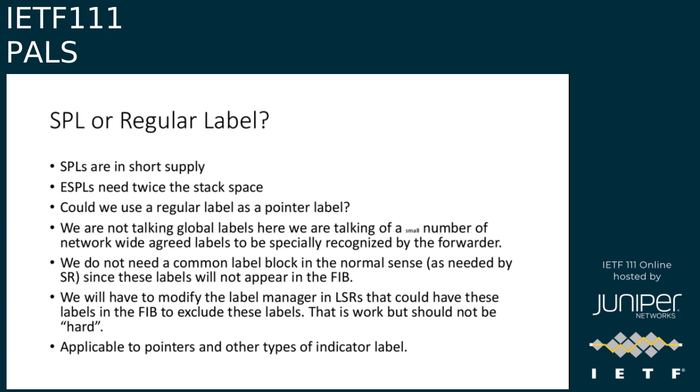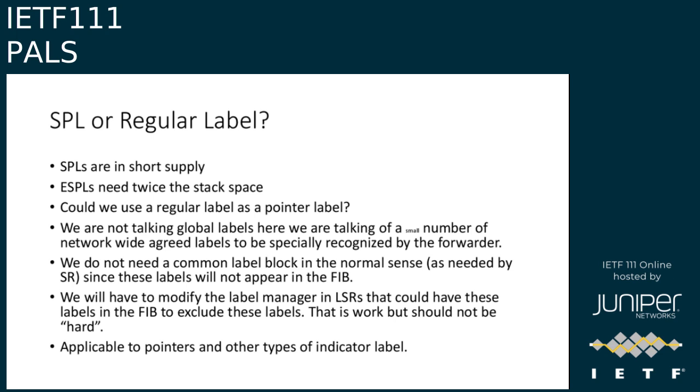They don't need to be a common label block in the sense that SR needed, because it doesn't matter whether they can appear in the FIB or not. If they can appear in the FIB, then you just need to pre-allocate them.